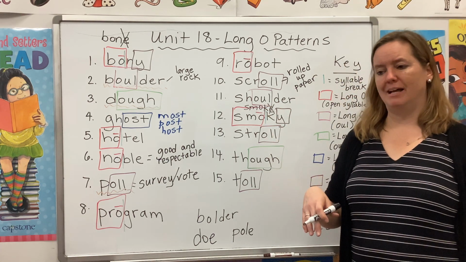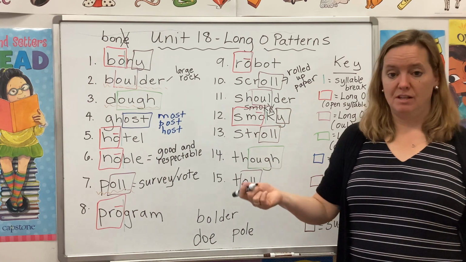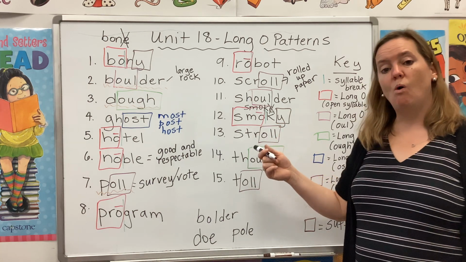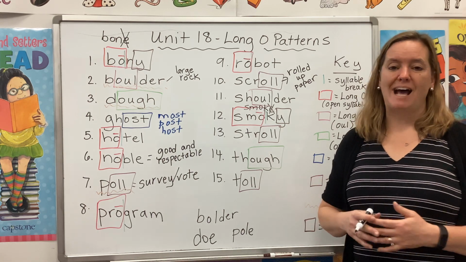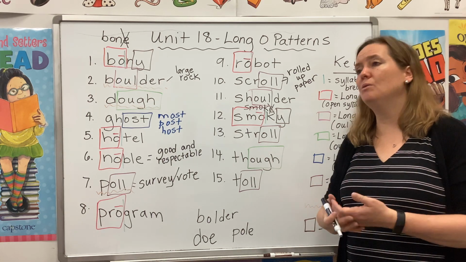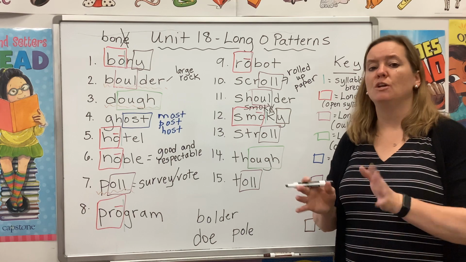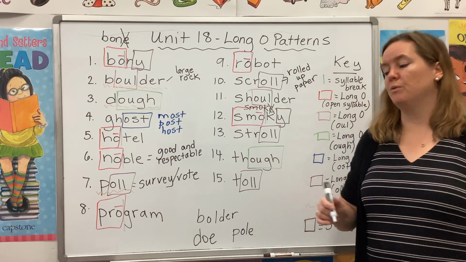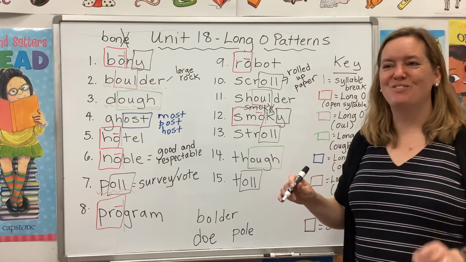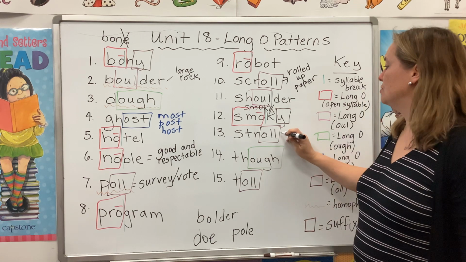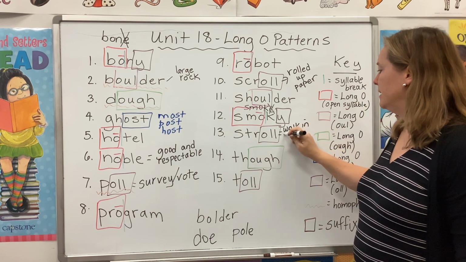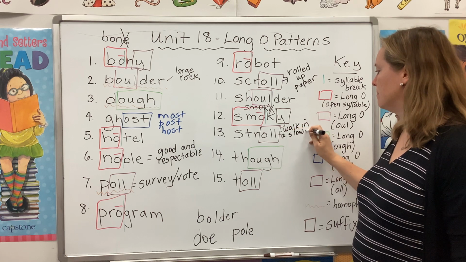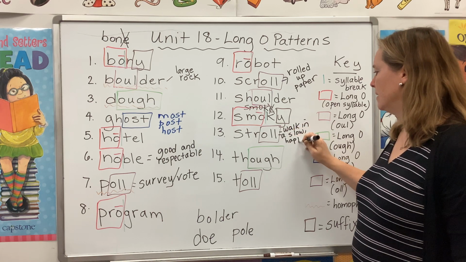Shoulder, part of your body. Smoky, full of smoke. Stroll is a way that we walk when we're not in a hurry. So on a beautiful Sunday afternoon, you might stroll through the park. So to stroll is to walk in a slow, happy way.